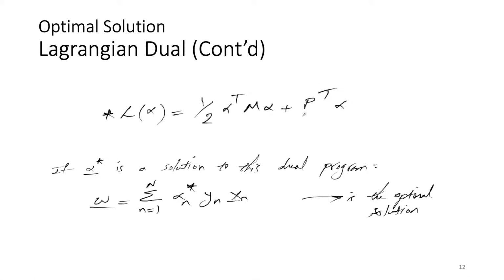We defined both matrices, P and M. Now, given its duality property, if alpha star is a solution to this dual problem, then using that alpha star we found from solving this, you can find W, the vector of W. And the vector of W would be the optimal solution for the primal problem.